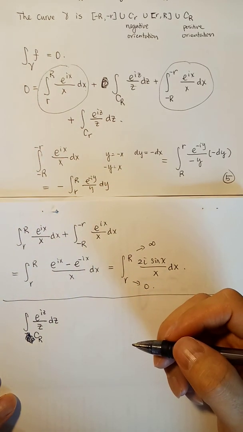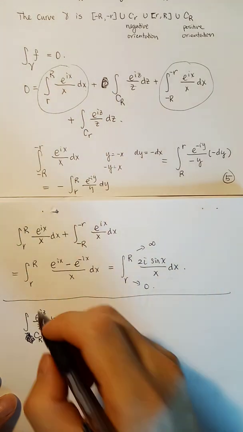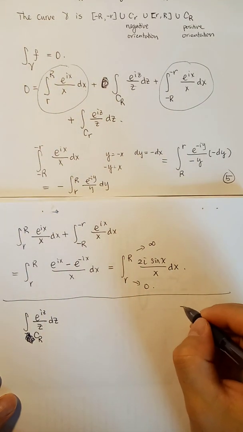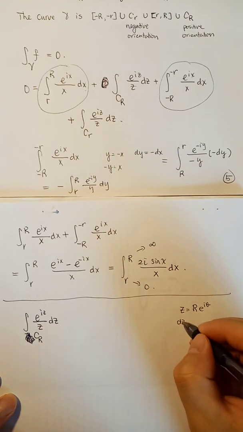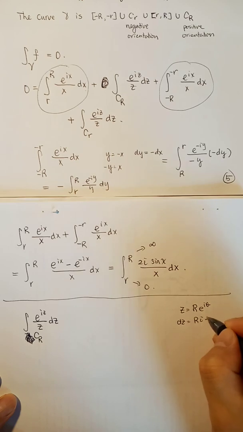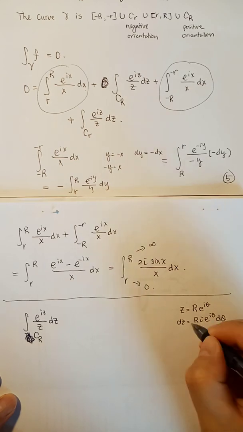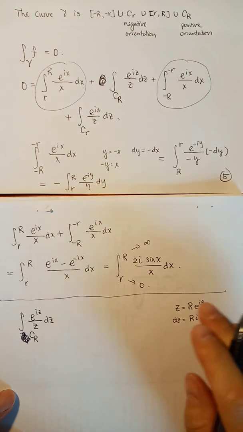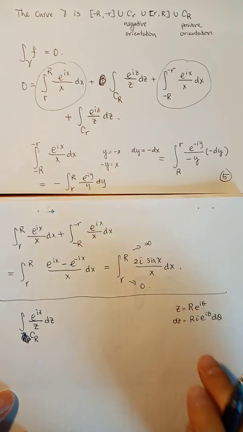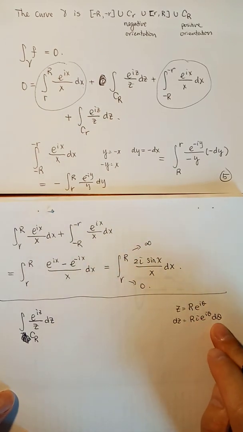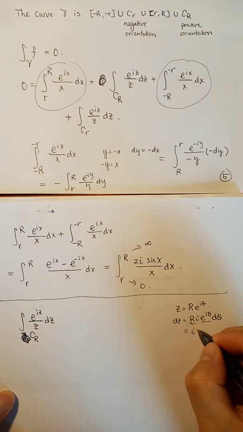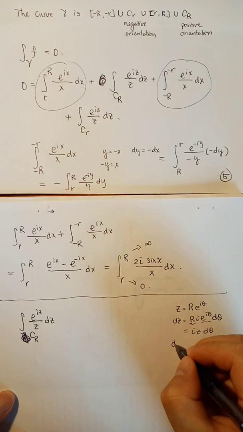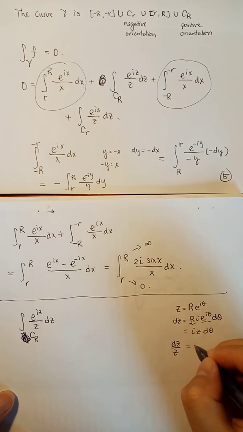Remember, if we let them be the semicircle, z is R e to i theta, dz is R i e to i theta d theta. We had this before. Whenever you have a semicircle centered at the origin, you will always have this. And dividing by z, dz over z is i d theta.